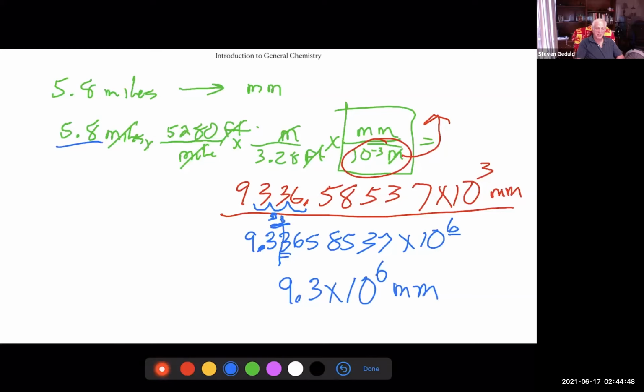When you move the decimal point, you just got to count how many places you move it. If you end up making that number smaller, you're going to make your exponent bigger by that same amount. If I ended up making my number bigger by going to the right, I'd make my exponent smaller by the same amount I had to move my decimal point, to keep my number the same.